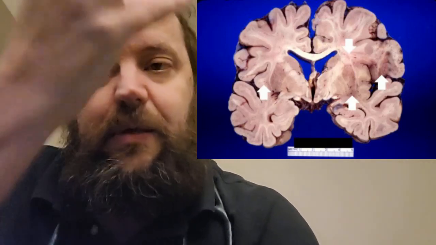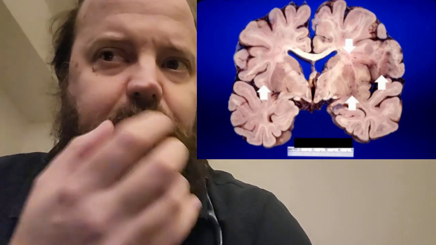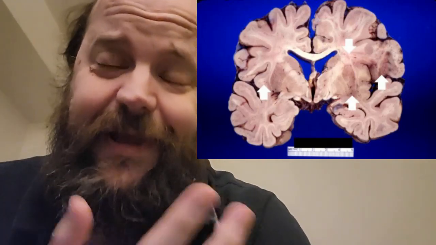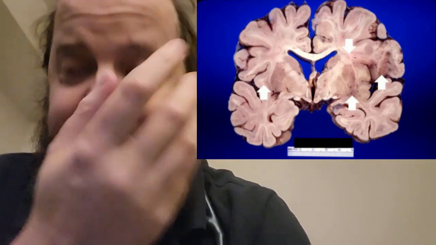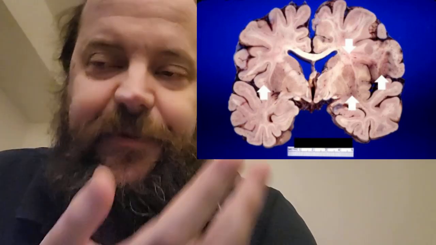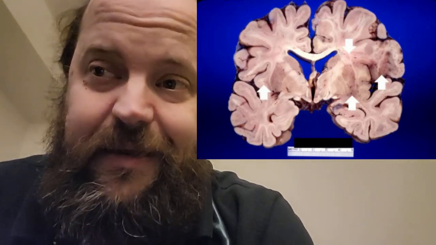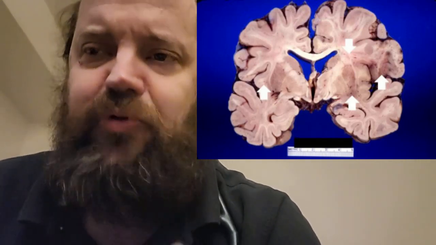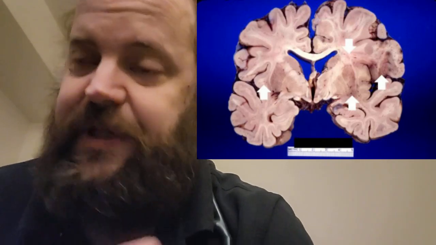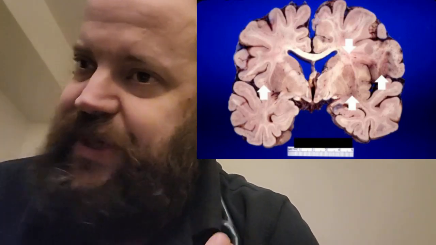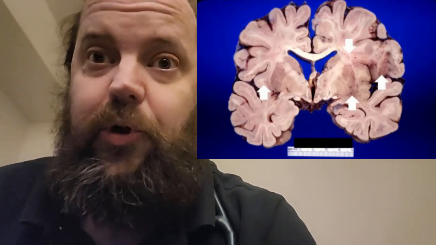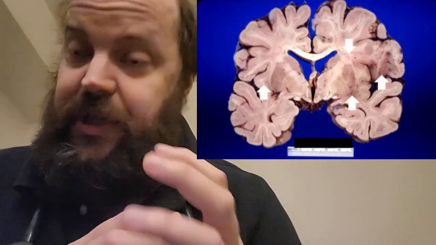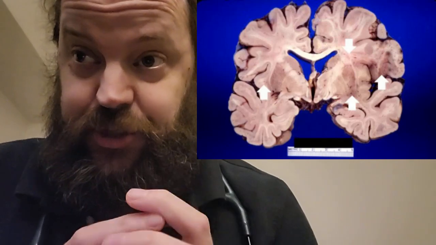Encephalitis, encephala, referring to the head. In this case, you're talking direct brain tissue infection, not the coverings, but the brain itself. And then finally, meningoencephalitis. We're talking about both the coverings and the brain tissue.